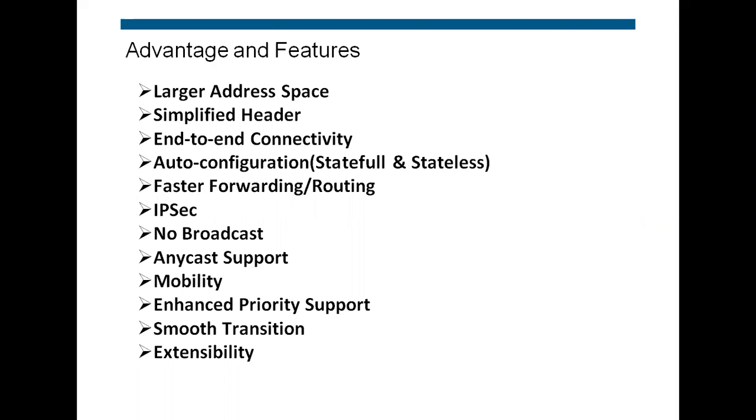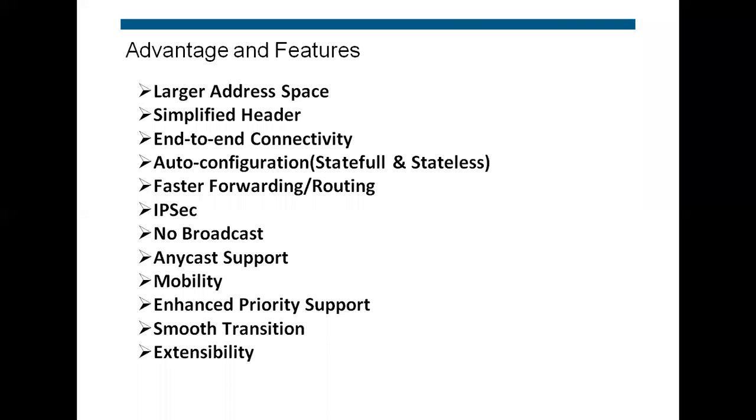The same type of mobility is provided in IP version 6. One IP address is allotted to you, and if you move from one place to another, you can still be reached by the same IP address.